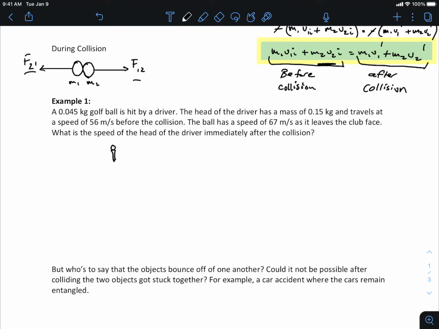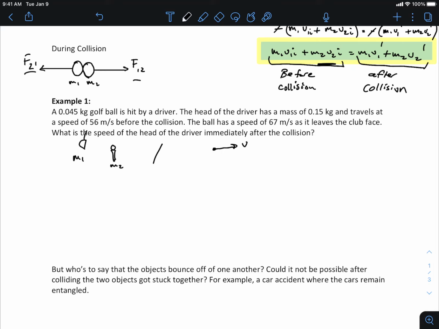But then you've got the driver head coming in. We'll put it on a stick. It's going to come in and collide with the ball, and afterwards the golf ball is going to be moving with some velocity, V. Let's call these M1 and M2 for consistency's sake.